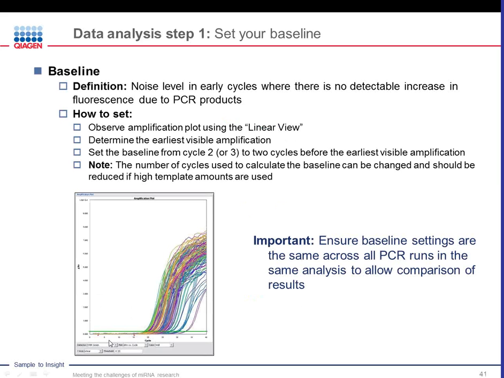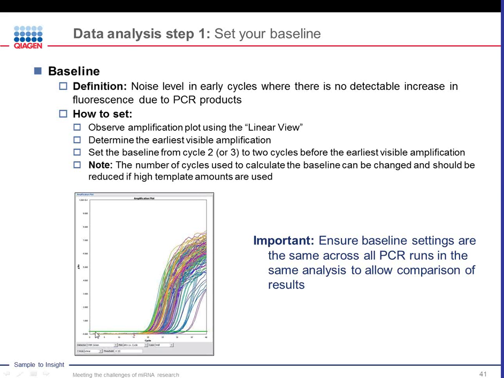Data analysis step 1 is setting your baseline. Your baseline is defined as your noise levels in your early cycles, where there's no detectable increase in fluorescence due to PCR products. How should you set your baseline? You should observe your amplification plot using linear view and determine your earliest visible amplification.